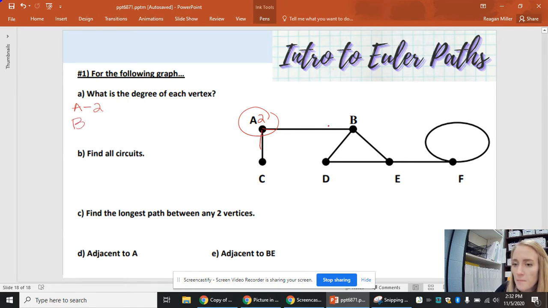For B, you've got 1, 2, 3 coming out of B. C has just 1. D has 1, 2. E has 1, 2, and 3.